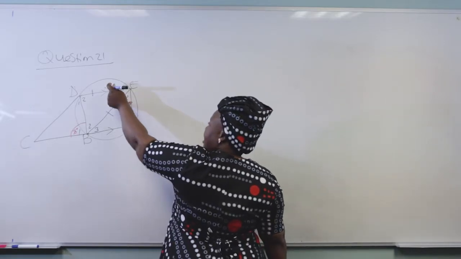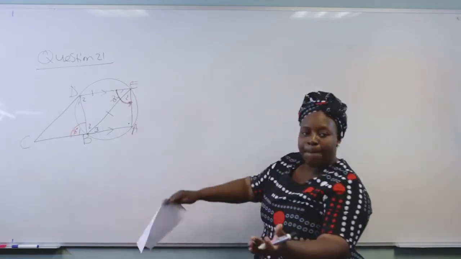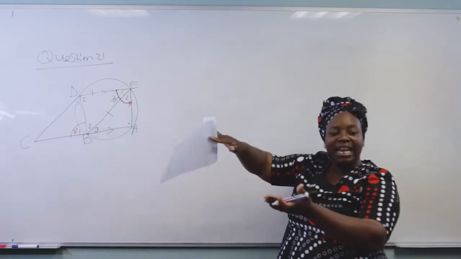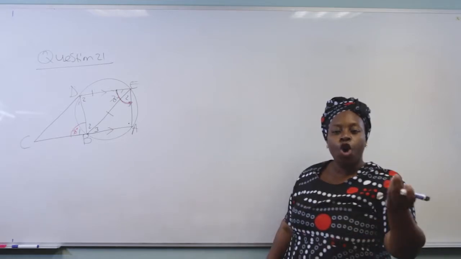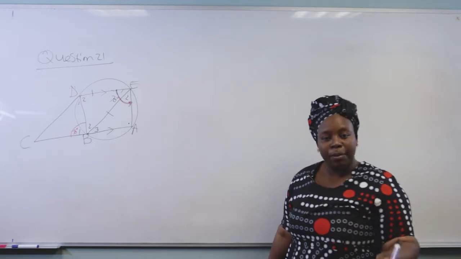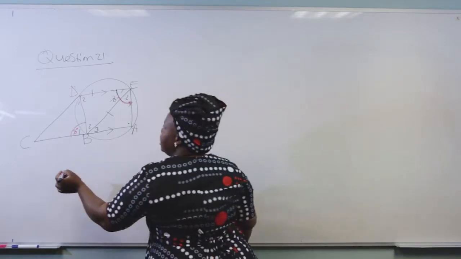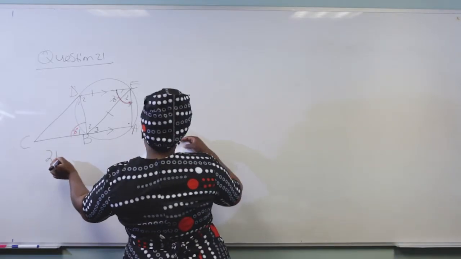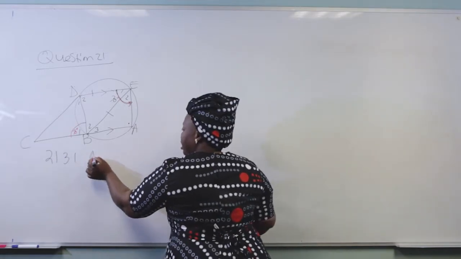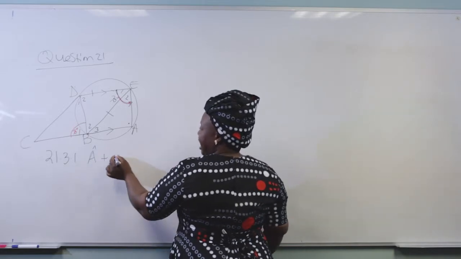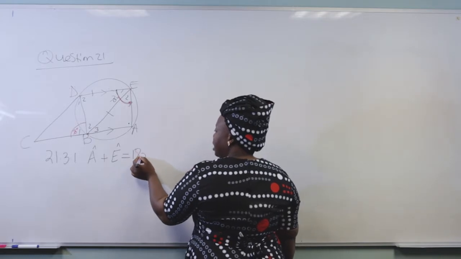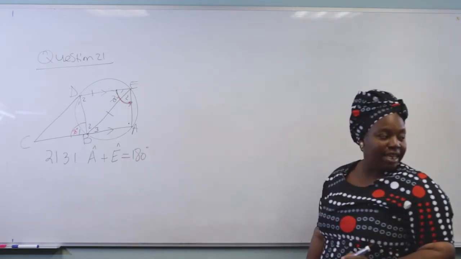If we look at angle E and angle A, they are both inside parallel lines. And if they are inside parallel lines, it means that we have co-interior angles that are supplementary. They are not equal, folks. They are supplementary. So let's write it like that. It is 21.3.1. Okay, so angle A plus angle E, which is given to be 70, is supposed to be equal to 180 degrees.